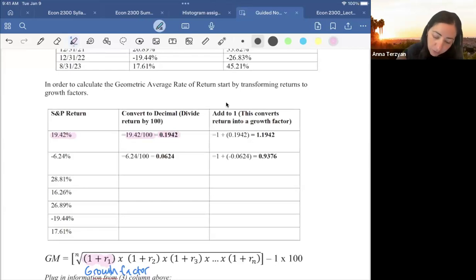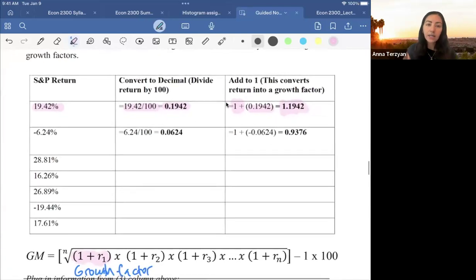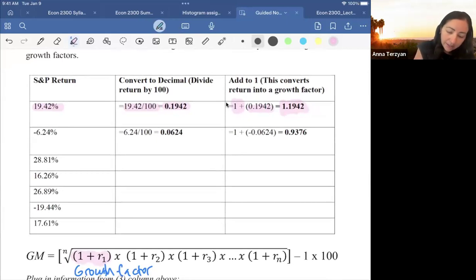You always start with 1 plus the growth rate. So the first growth factor is 1.1942. If you had invested $100 into the S&P 500 at the start of 2017, at the end of it you would have $119.42.